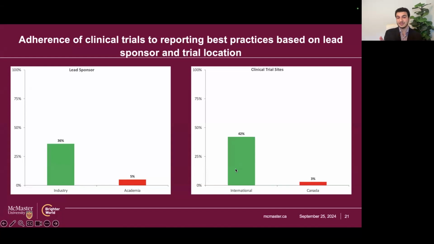Now, what we haven't done is independently analyze United States clinical trials exclusively. We only did that for Canada. It would be very interesting, however, for other researchers to repeat the same methodology in their country, and then we can compare one country to the next. I know someone in Australia, perhaps, is currently working on something similar, but it would be interesting nonetheless.